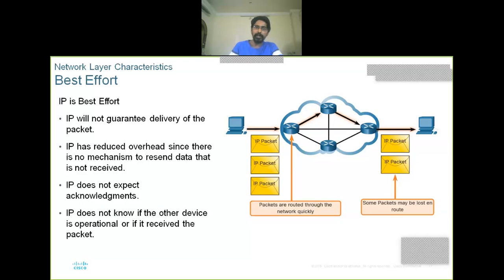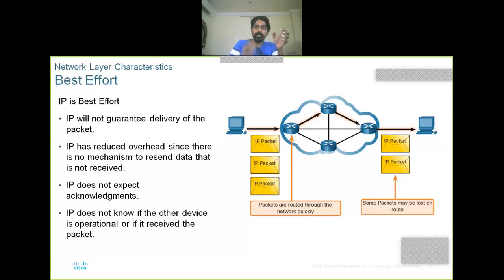Since there is no guaranteed delivery, there is no place for acknowledgements, right? And whether the other device is operational or if it received the packet or not, IP won't bother. It simply sends the packet. In order to establish a circuit, first the destination device should be on. Then only we can establish a connection. But IP is connectionless, as we learned.